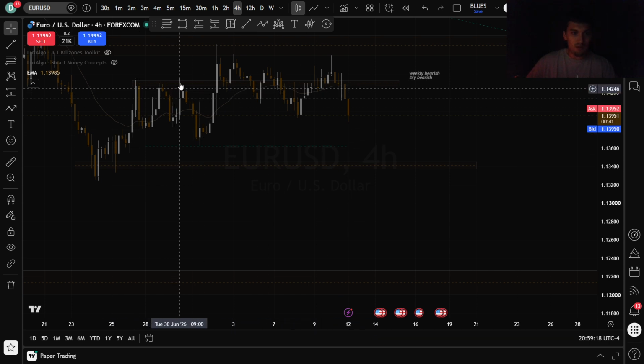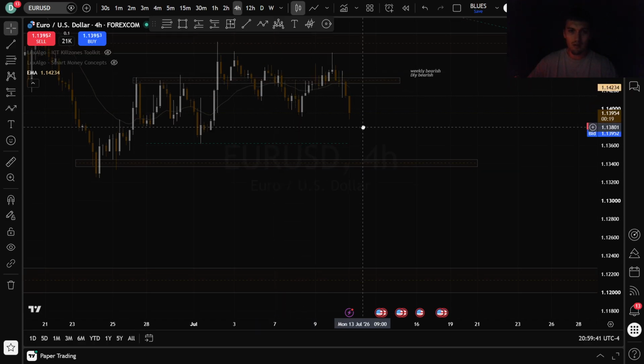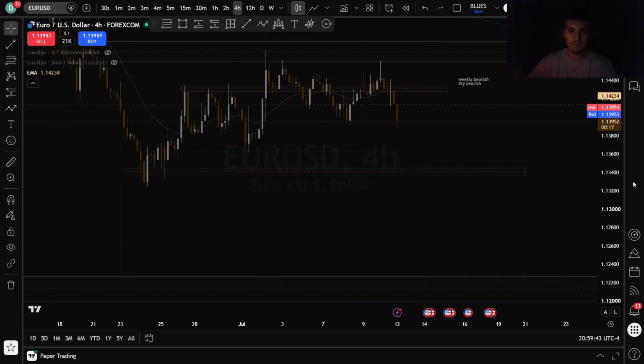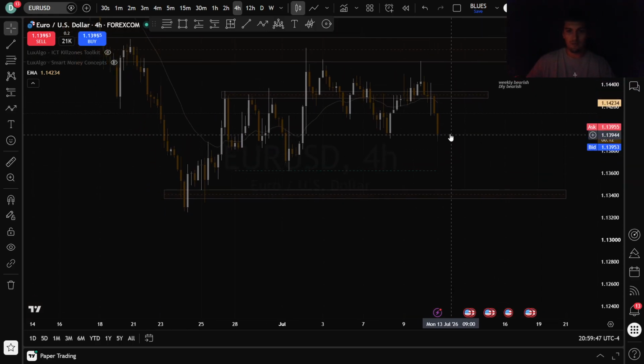We have 1, 2, 3, 4, 5 touches at this key zone, which is also our psychological level, 1.144. And that's where the zone is.